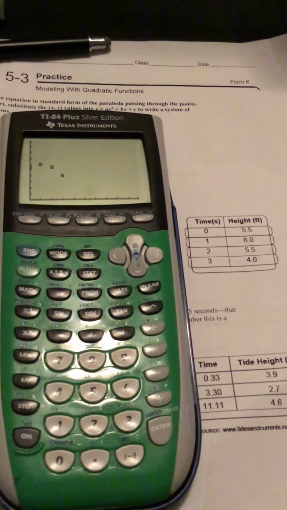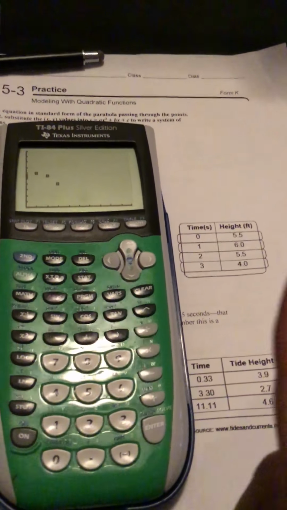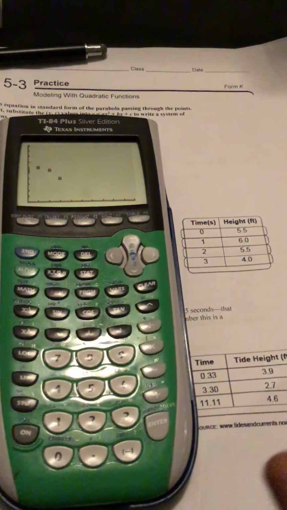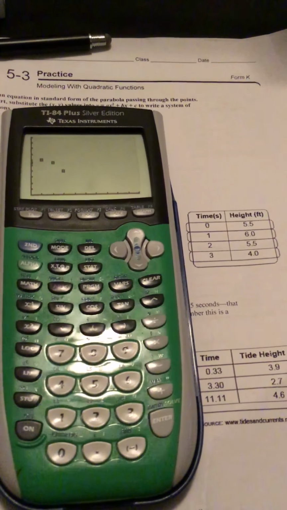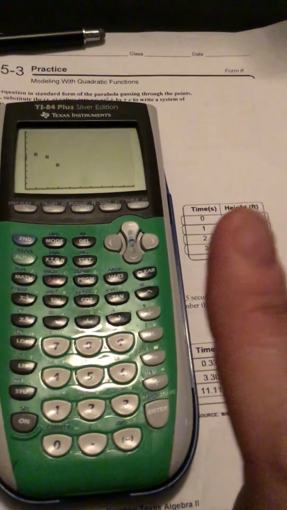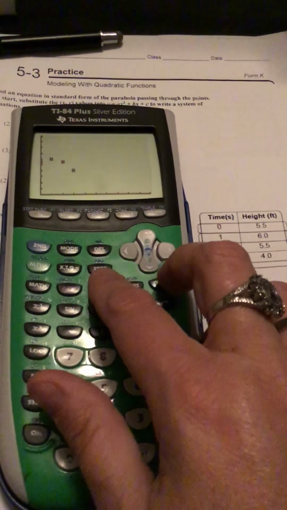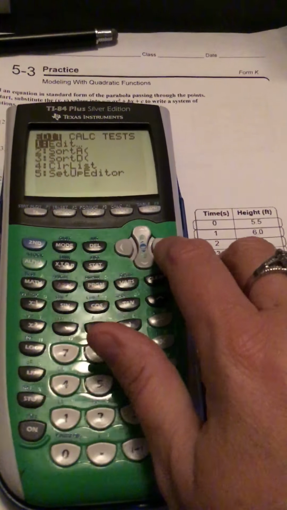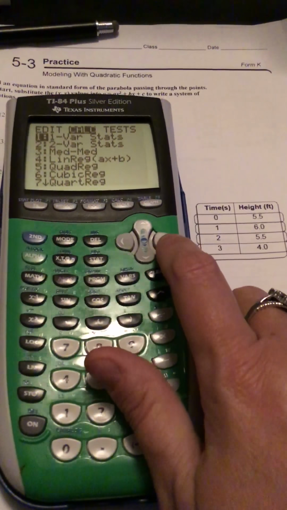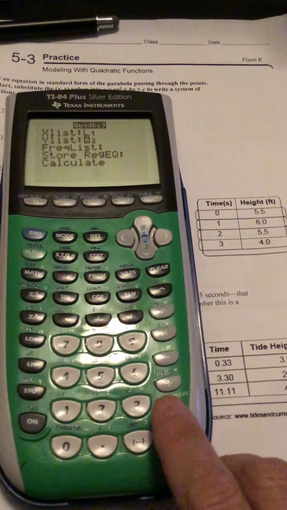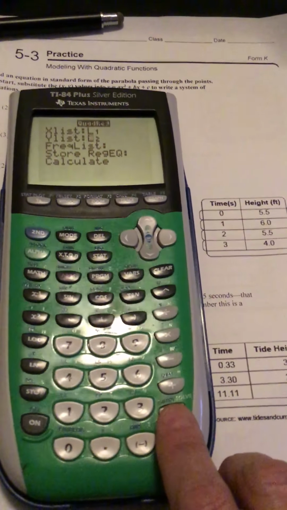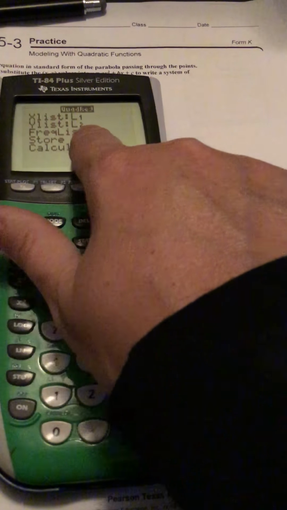Okay. Now, the next step is that we are going to get our quadratic equation, or do our quadratic regression. So I'm going to go stat over to calc and number 5 for quadratic regression. Now yours might already say QuadReg right here.